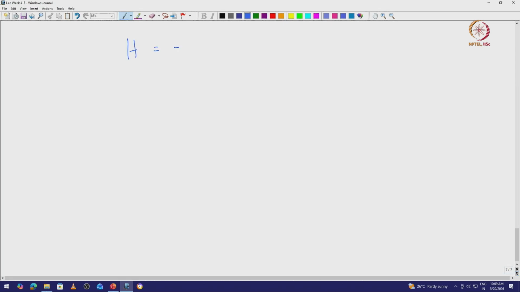So, the Hamiltonian will be T C A dagger within the unit cell I, but between different sublattices, minus T prime, and this notation means nearest neighbor.